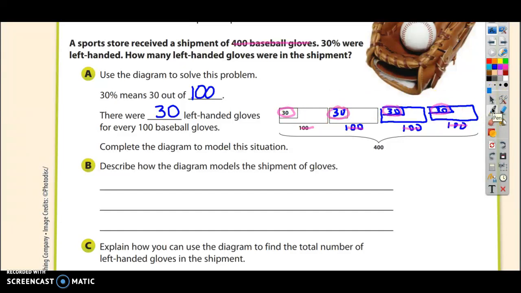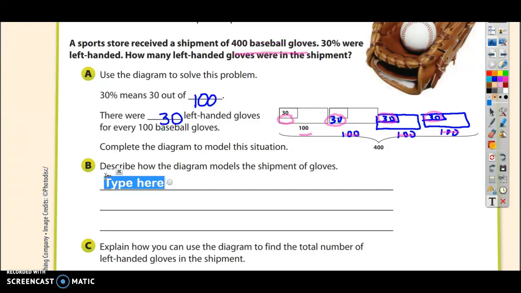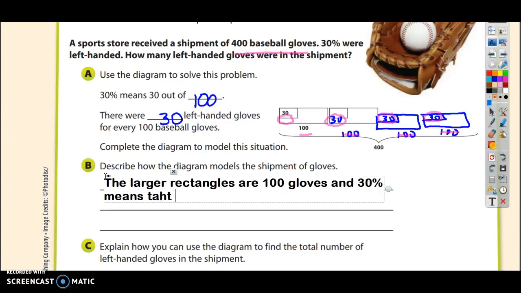B says, describe how the diagram models the shipment of gloves. I'm going to type here. It says something to this effect. The larger rectangles are 100 gloves, and 30% means that 30 out of every 100 are left-handed gloves.